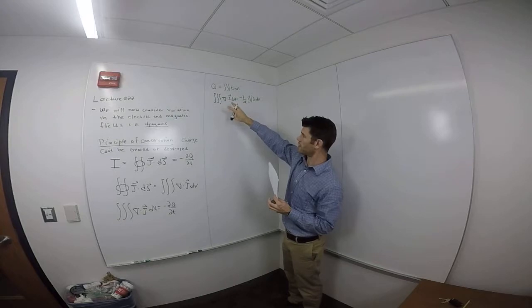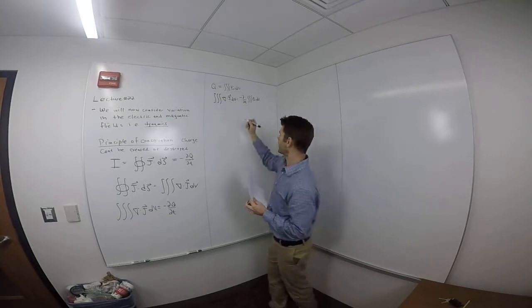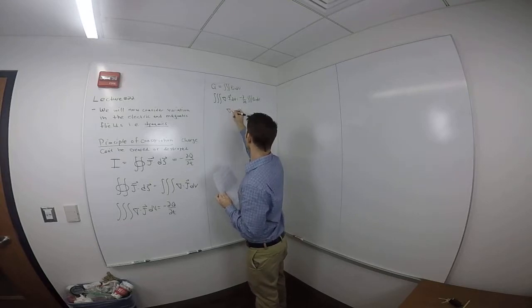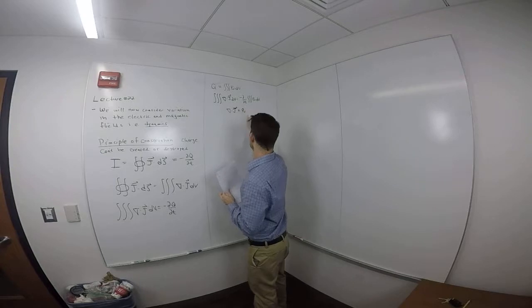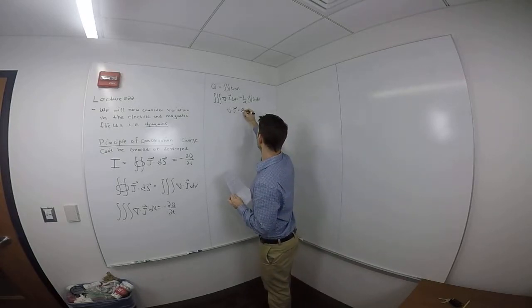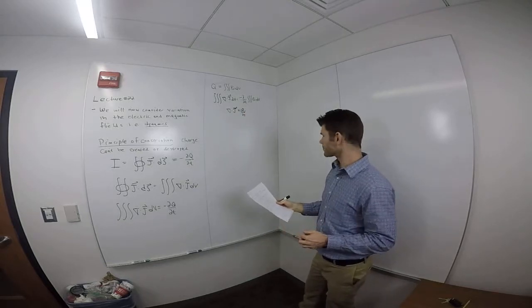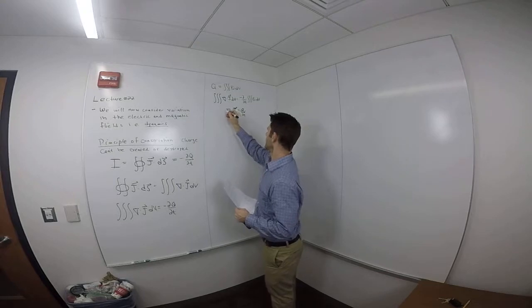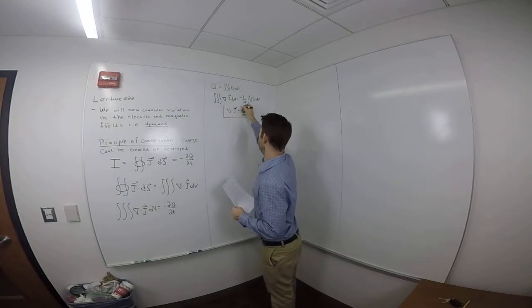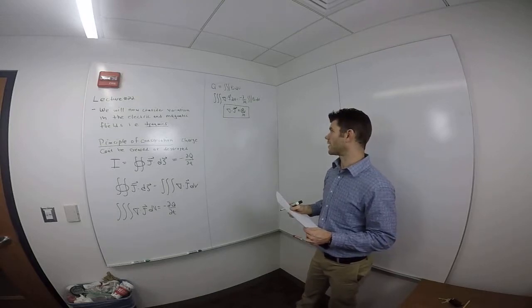So from this point we can basically just get rid of the volume integral, and we can say that the divergence of J is equal to the negative of the derivative of the volume charge density with respect to time, right?